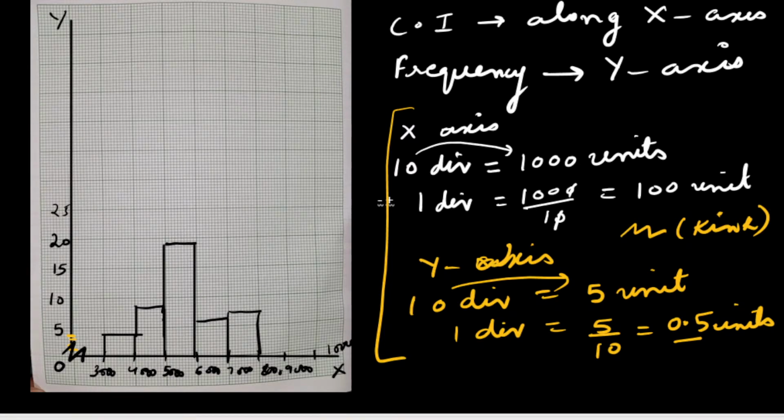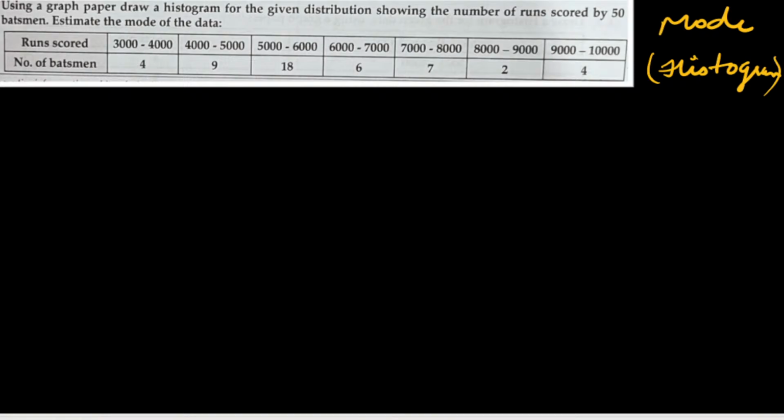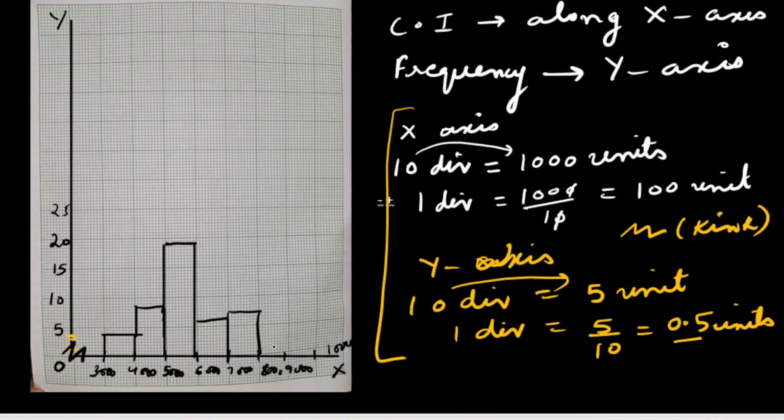So here it will be. Then 8000 to 9000, it's 2. From the start here it is 2. So a total of 4 divisions will make 2, because each division is half. Here you can see each division is half. So 2 divisions will make it 1. So 4 also we can draw.